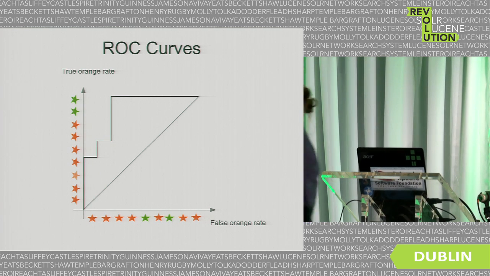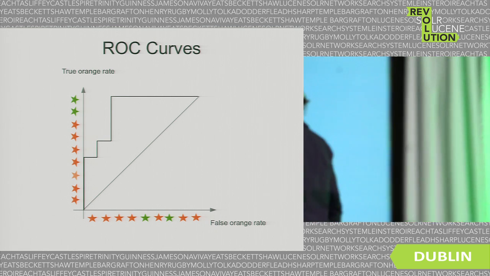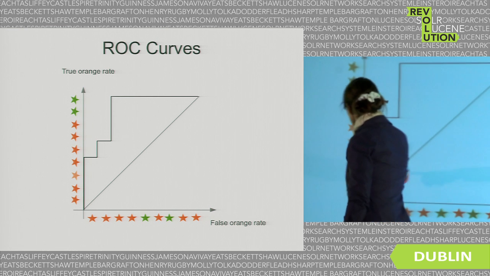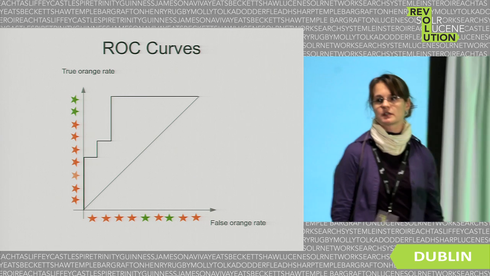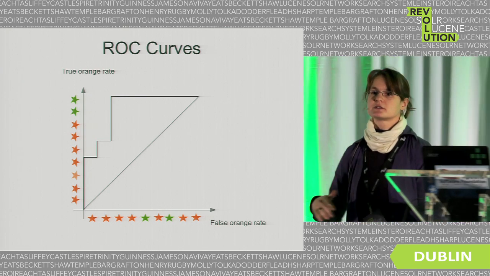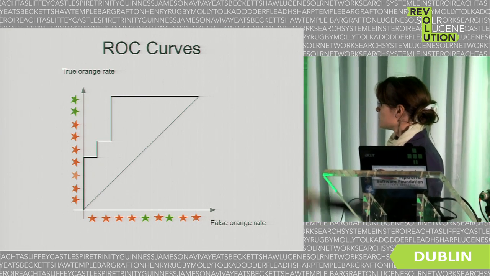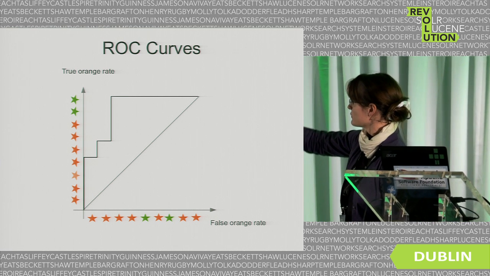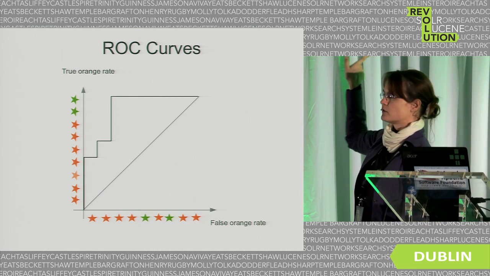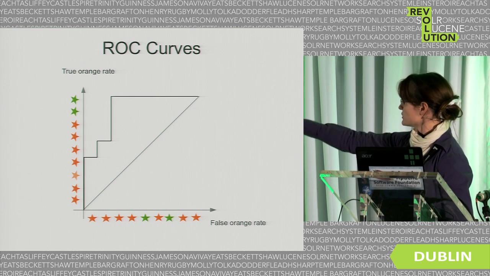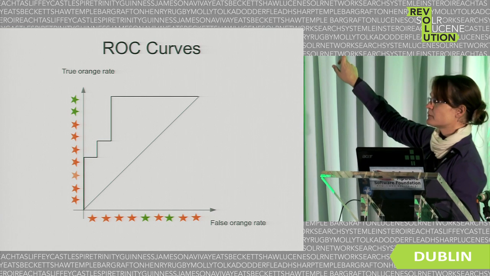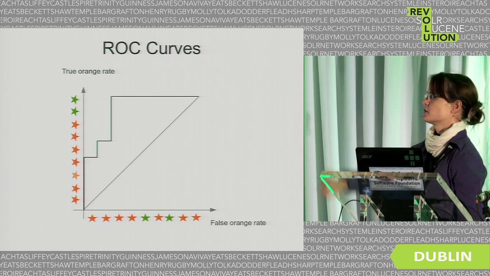In the worst case, your classifier will end up sorting your examples like this. So they are totally random, and you can do whatever you want to your threshold. You won't get any better than random. In a perfect world, you want the curve to first go all the way up and then all the way right. Or actually, it is also okay if it first goes all the way right and then all the way up, because then you just switch labels and you're done.